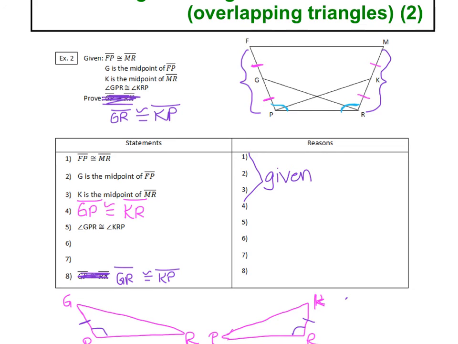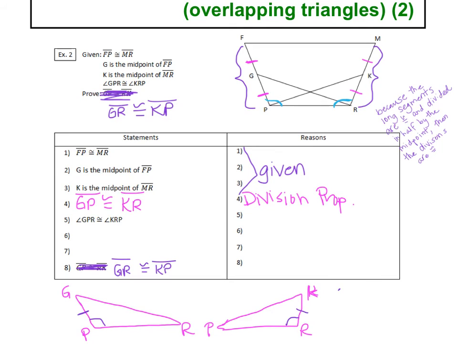So because these long segments are both congruent to each other and they're divided in half by the midpoint, then the divisions will be congruent. So these smaller divisions of the longer segment will also be congruent. And that's our division property that lets us make that conclusion. Alright, so you notice I just went ahead and wrote that out for you guys. That might be a good thing to add off on the side, just so we remember how that division property helped us out in this proof.